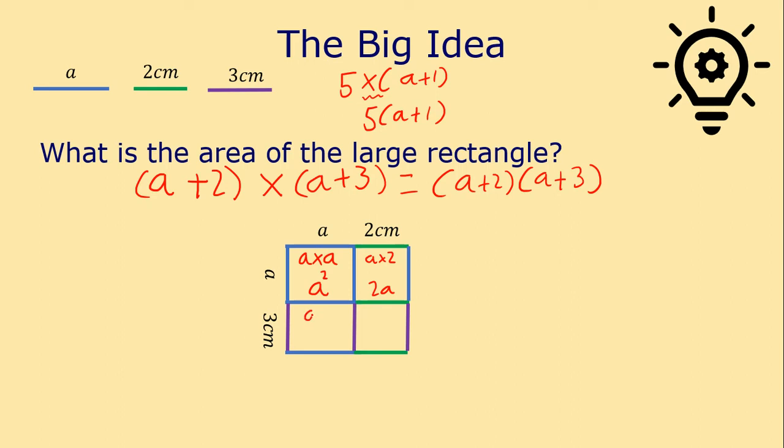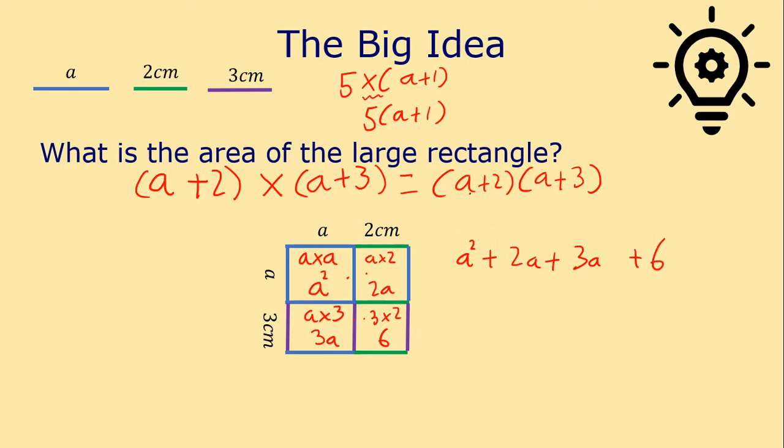This box would be a times 3, which is 3a. And this box would be 3 times 2, and it's nice to see that because we've got an actual integer there. So what was my final step? It was to add up all the boxes. So we've got a squared plus 2a plus 3a plus 6.